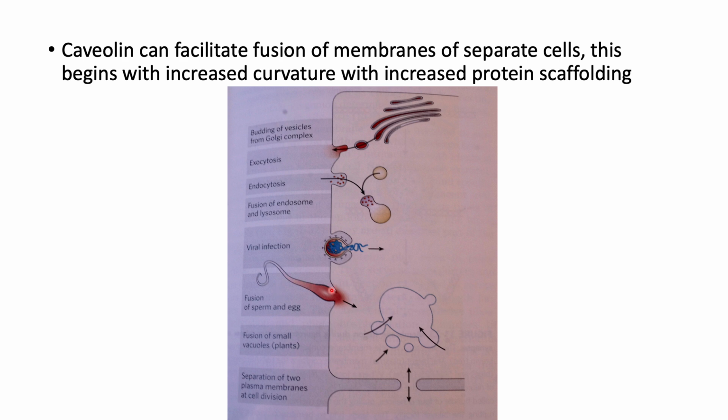You can have fusion of sperm and egg. This is the same process occurring, modulated by caveolin. Fusion of small vacuoles that you see in plants, and separation of 2 plasma membranes at cell division. So all these are modulated by caveolin right here. All these endocytotic processes of viral transmission and the like are modulated by this.